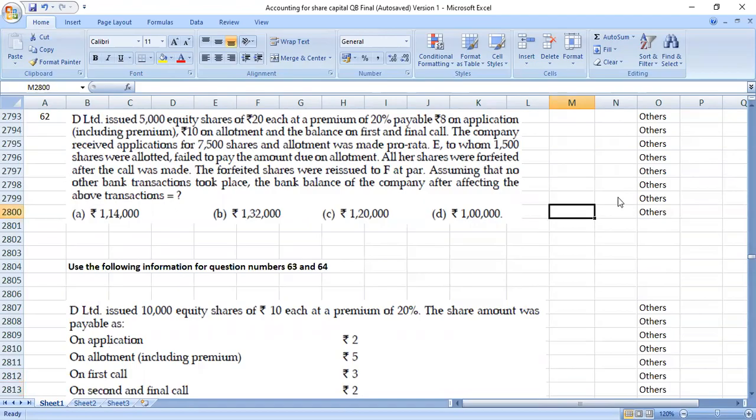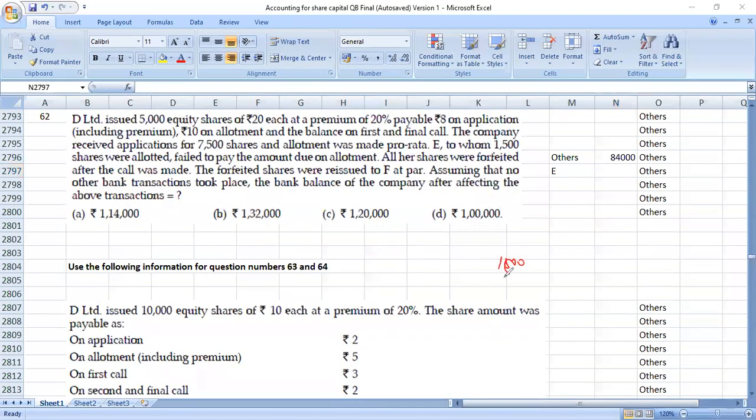E-oda shares dhaan prachanai. So E-oda shares illaamal matra shares evvalo irukku? 5,000 minus 3,500 shares. 3,500 sharesla ella callsum make pannittaanga. After the call was made dhaan forfeit panniyirukkaanga. First and final call make pannyaachu. To 24. Edhukku 24? 20 rupees shares, premium of 20%. So 24 rupees they would have paid. 84,000. Same. E evvalo pay panniyirukkaaru? He only paid the application. He failed to pay the allotment money.